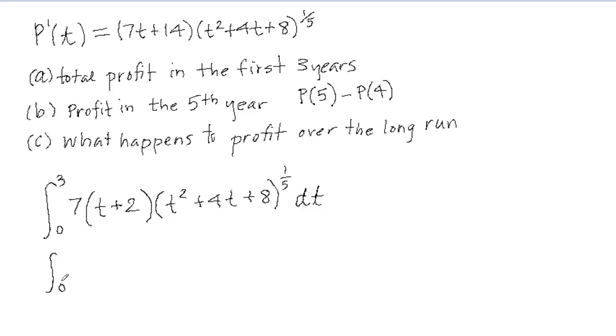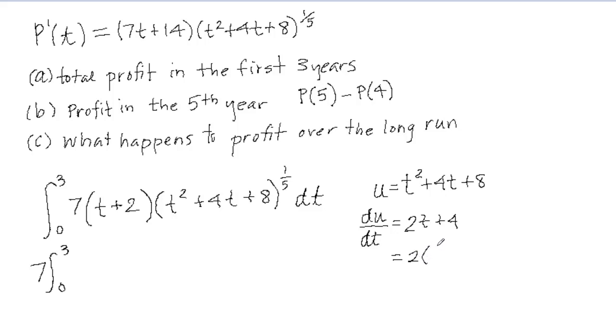So the first thing I'm going to do is put that 7 on the outside, and then let u equal the most complicated part, t squared plus 4t plus 8. The derivative of u with respect to t is 2t plus 4, and I'm going to factor that as 2 times t plus 2, and you'll see why in a minute.